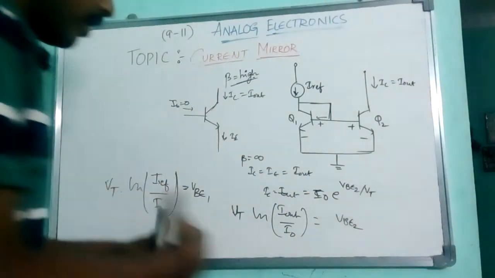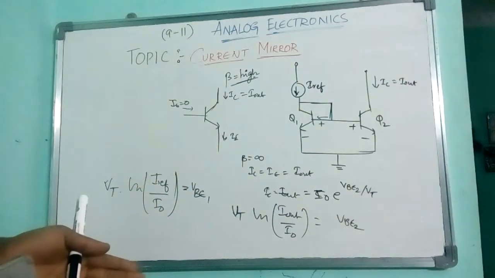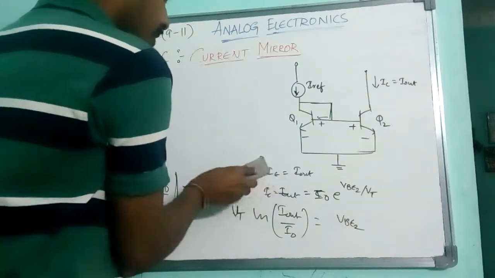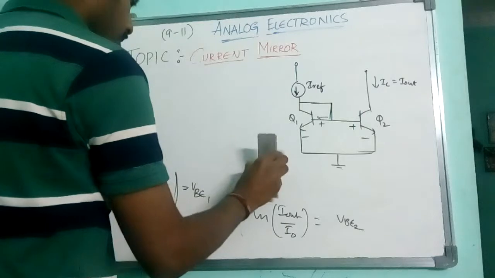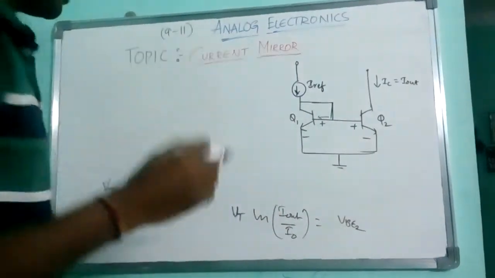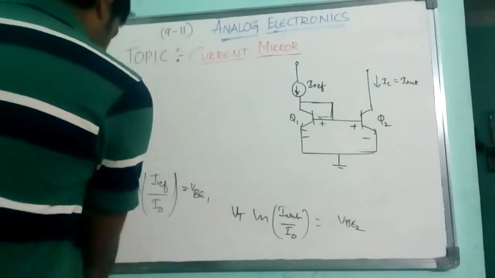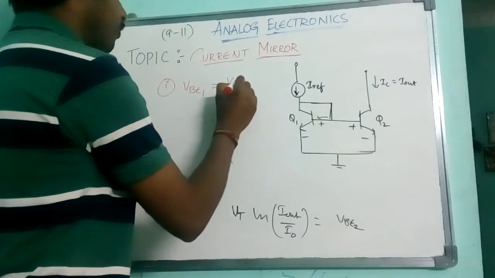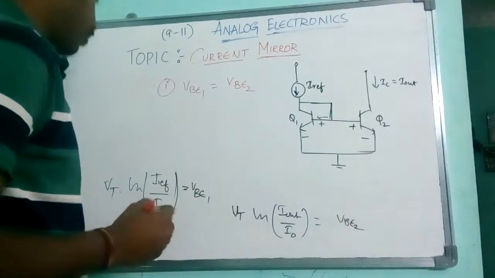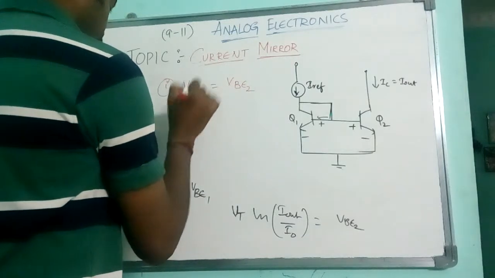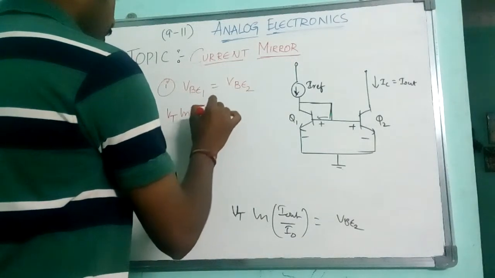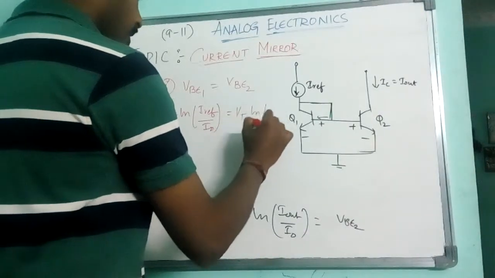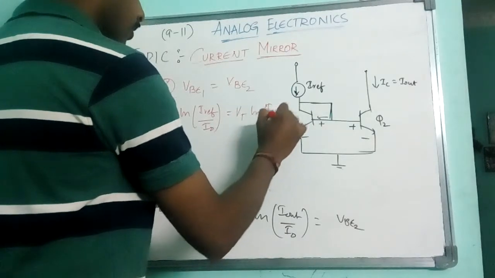Now consider the entire circuit. You assume cases now. Case 1: if VBE1 equal to VBE2, what happens? VT logarithm of I reference by I naught equal to VT logarithm of I out by I naught.